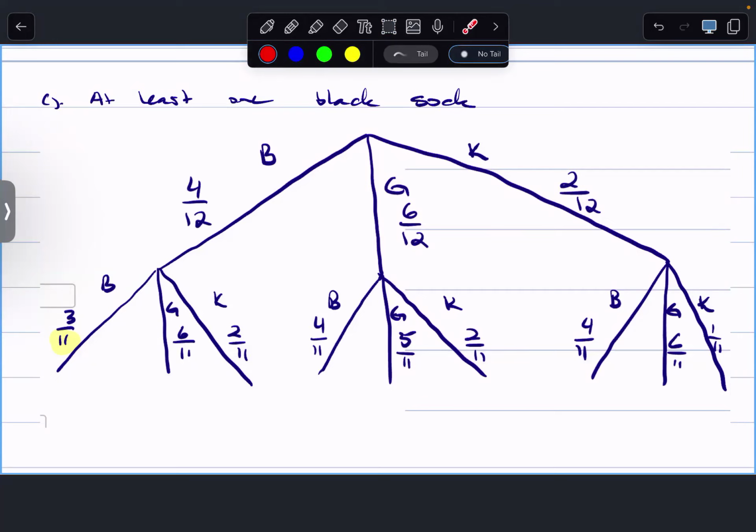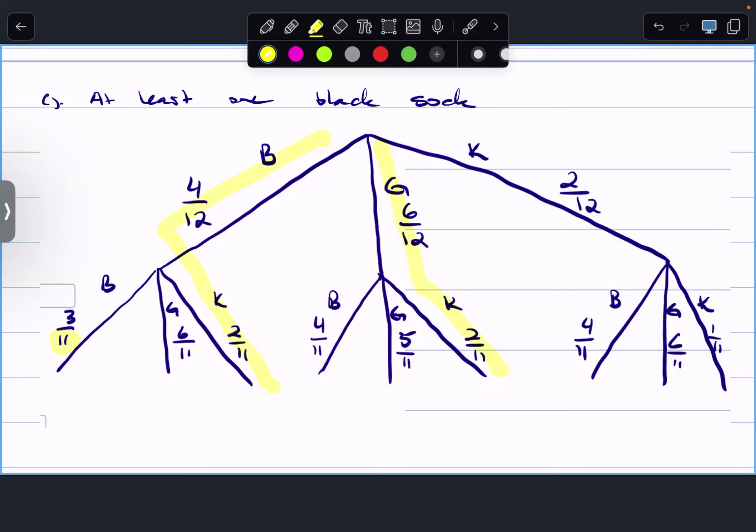So that's 1 or 2 black socks, right? And so if my first one is blue, then the only way that I could have at least one black sock is if the second one is black. Same thing, if my first one is gray, then the only way that I can have at least one black sock is if the second one is black. Now, if the first one is black, then I've satisfied the criteria of at least one.